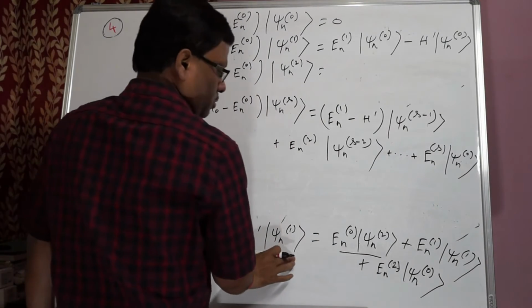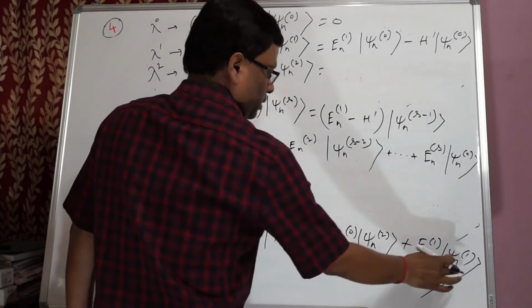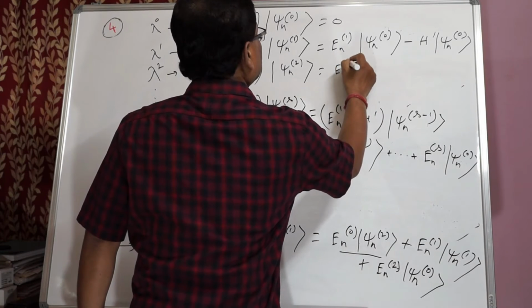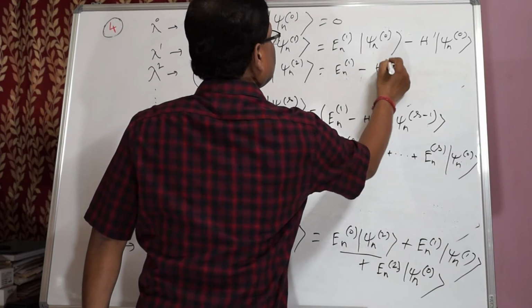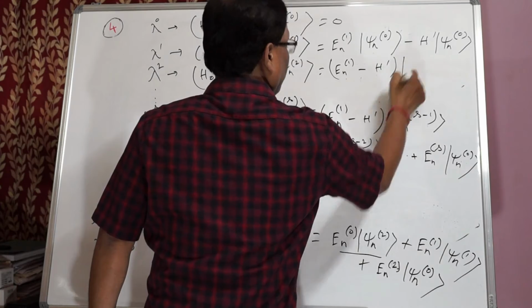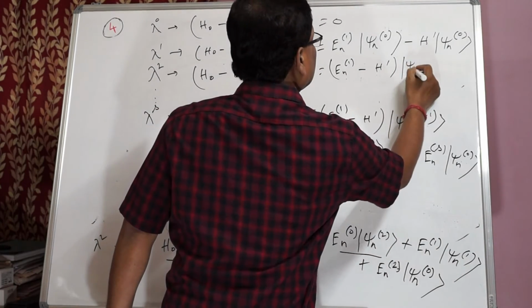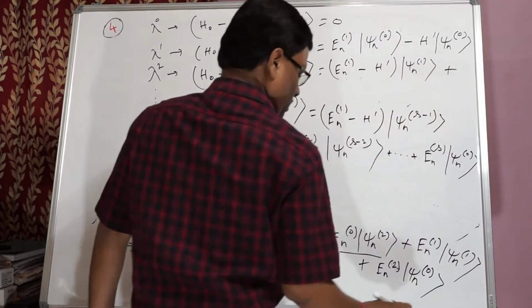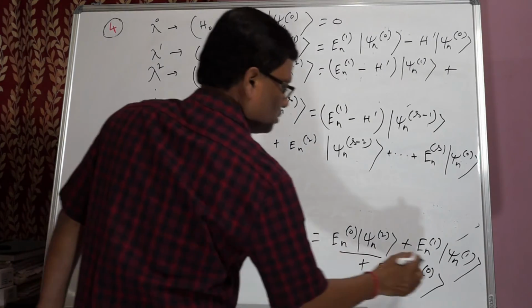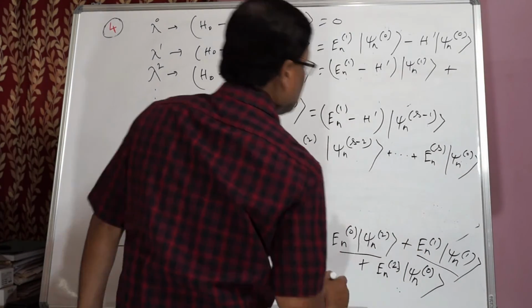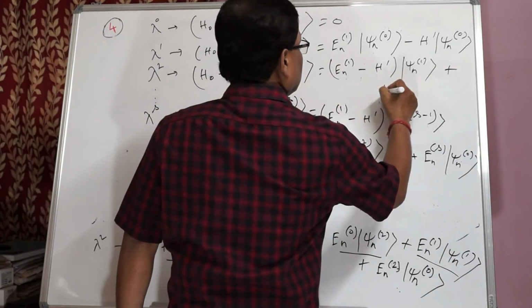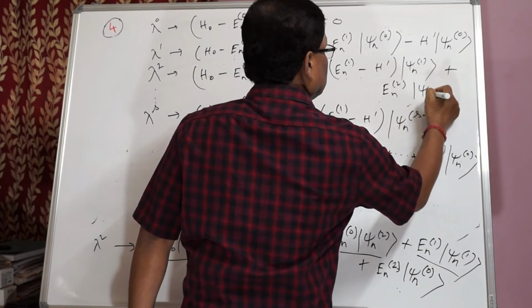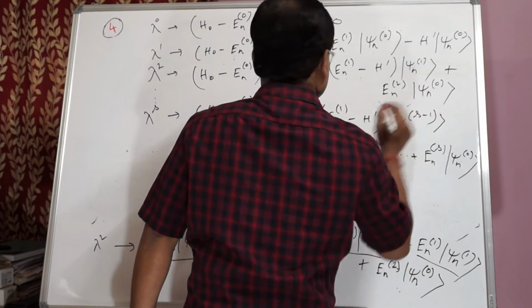So psi n1 and En1, so I write En1 minus H prime, then psi n1, okay, and this part is only one here, so I write En2 psi n0, okay, so this is fine.